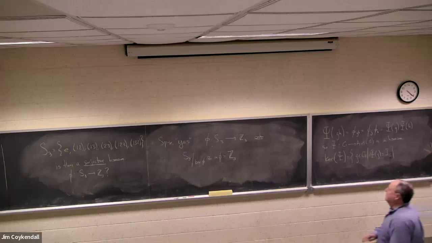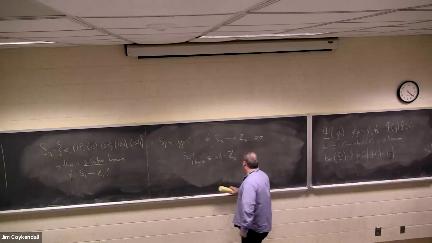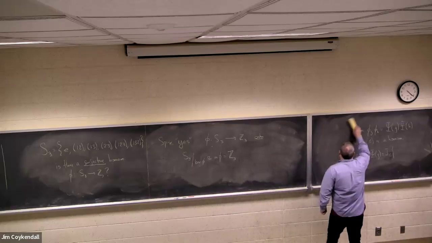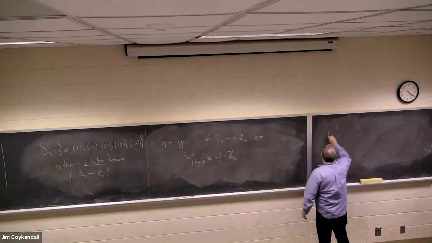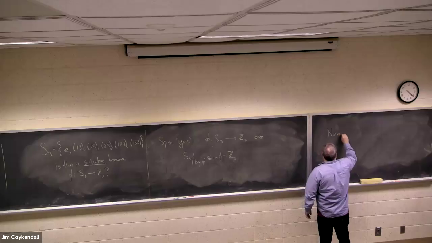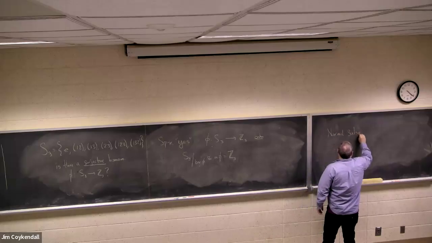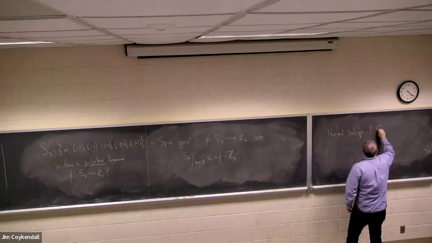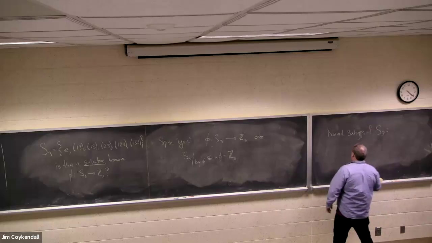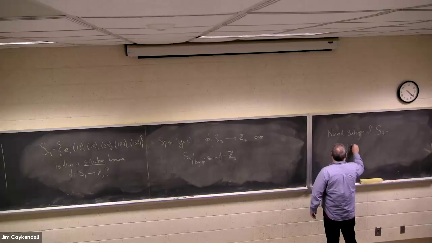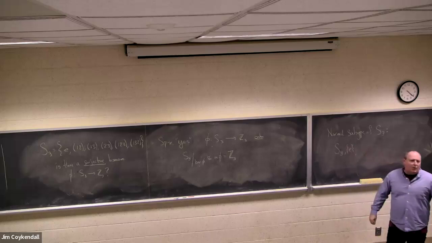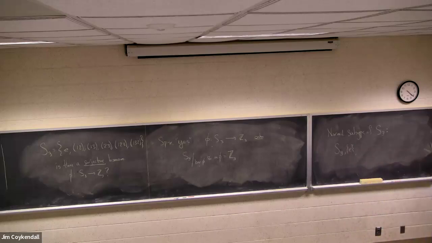By the way, I think he talked about this earlier. Can anybody tell me what the normal subgroups of S3 are? Okay. So let me get the easy ones. Always the whole group and the identity, they're always normal. There's actually one more. Does anybody know what it is?